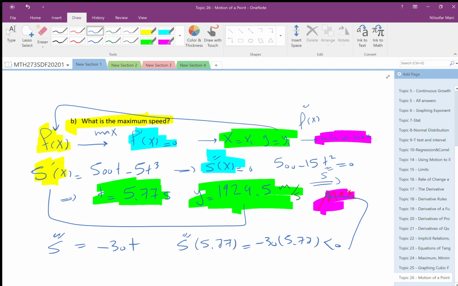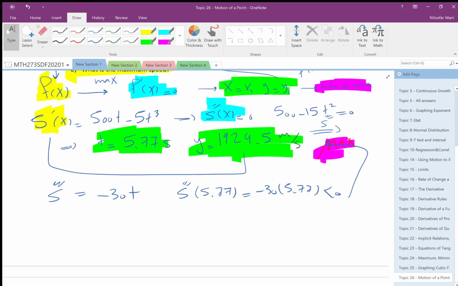So the maximum speed is 1924.5 meters per second. That's the answer.